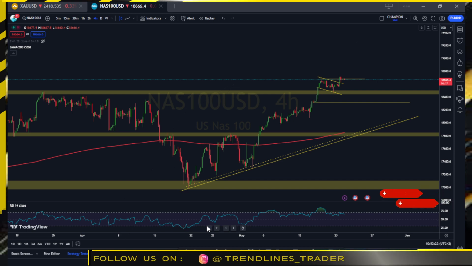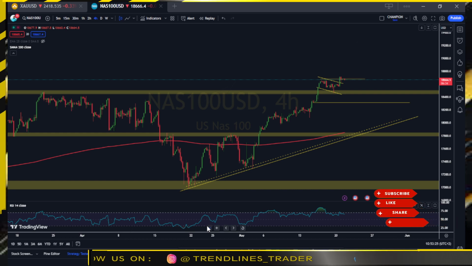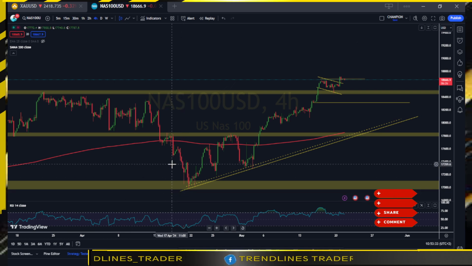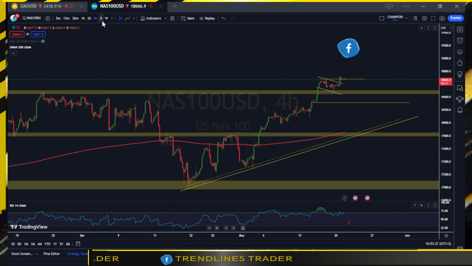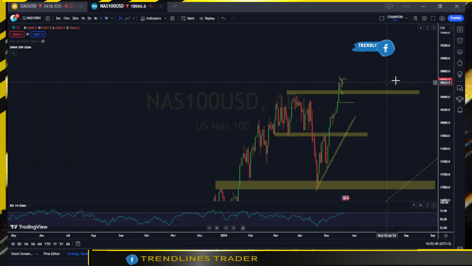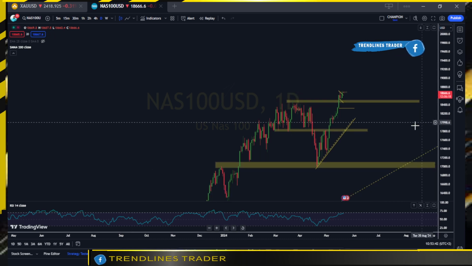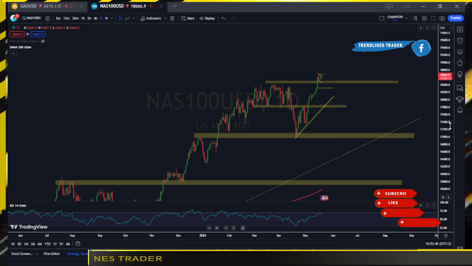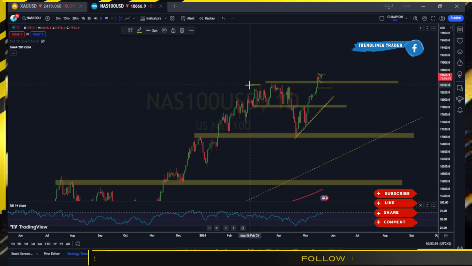Let's focus on our chart. This is NASDAQ100. Let's start with our daily time frame so that we can really know what is happening with our chart. We just witnessed a few days ago that our chart managed to break previous resistance.